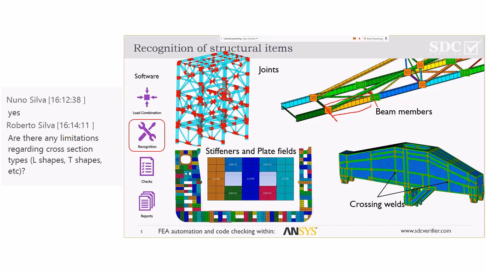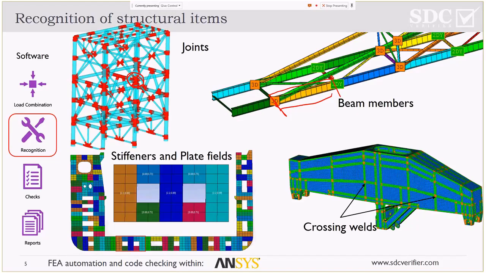So if you have a plate field and you need to do a plate buckling check, we automatically transfer the stresses from the element direction into the plate direction. The same for welds or beam members or joints. So this works as you hope it should. It is completely automatic, and you don't have to worry about setting the coordinate systems of elements or stuff like that. You don't need to worry about setting these in a correct way.